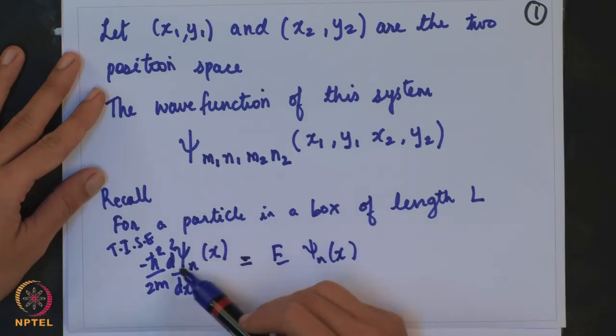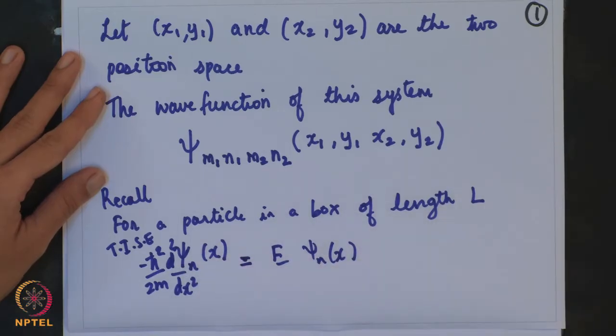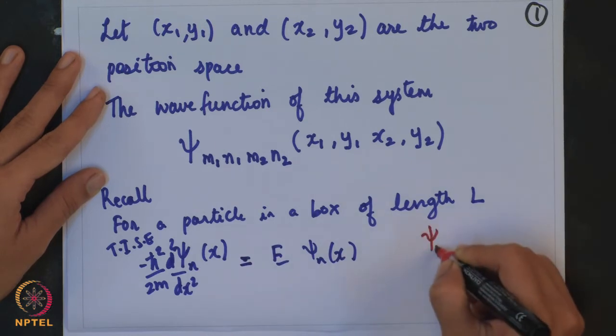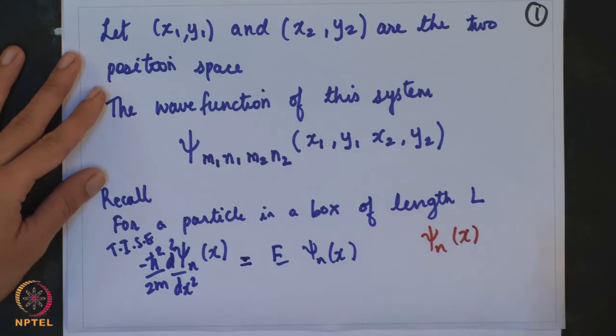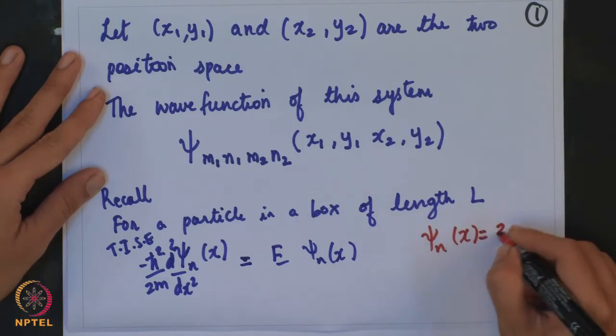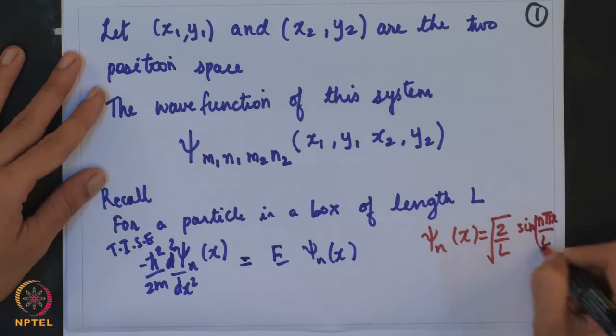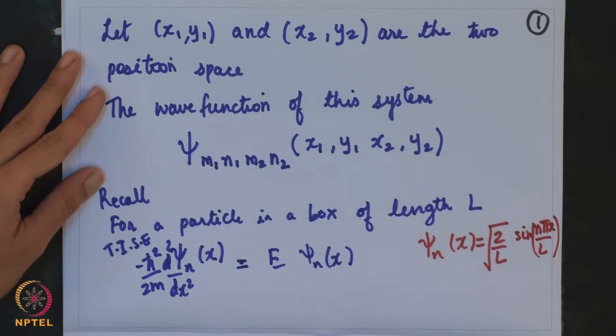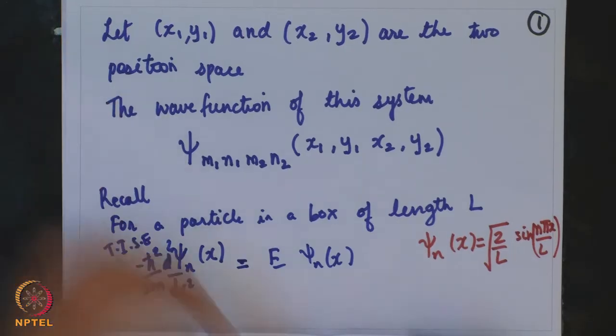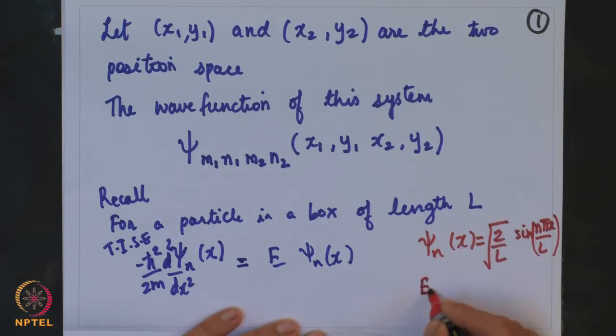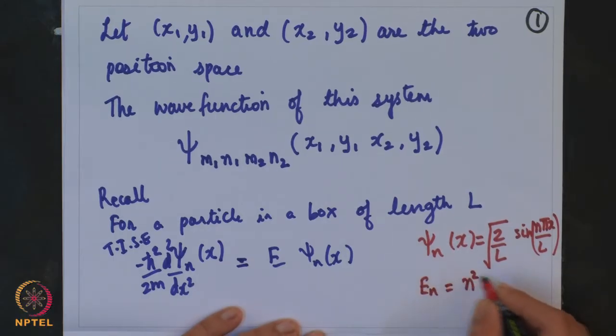So, for a one dimensional particle we have the wave function psi n x equal to square root of 2 by L sin n pi x by L, and the corresponding energy is given by n square pi square h cross square upon 2 m L square.